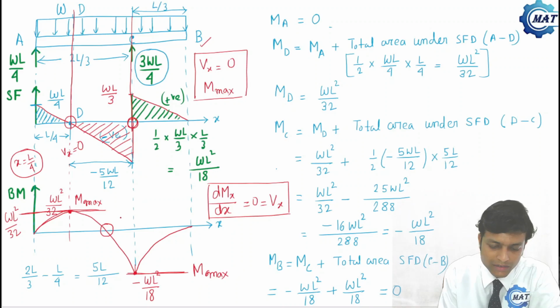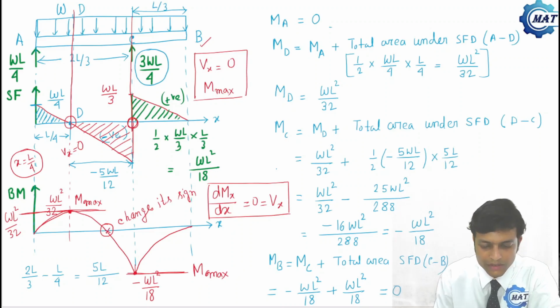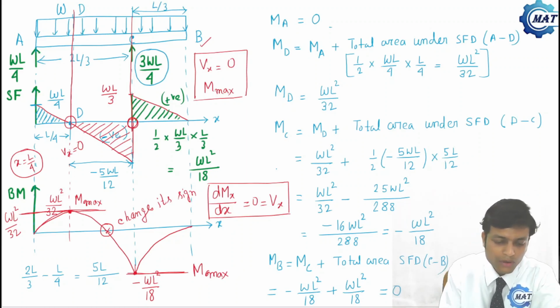And we have to note another thing: at this point, bending moment changes its sign, and this point is called the point of inflection or point of contraflexure.